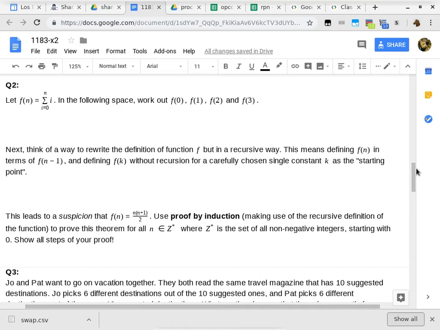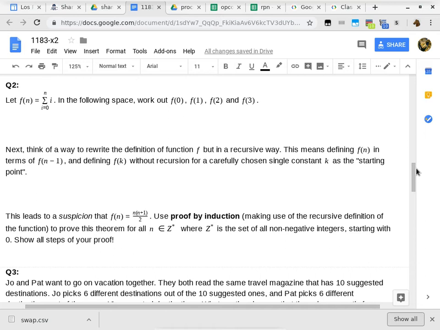So it has several parts, so make sure you answer each part when it has multiple parts. The first one is really just to work out what is f of 0, f of 1, f of 2, and f of 3. Well, that should be pretty easy, right? F of 0 is just 0. F of 1 is 1. F of 2 is 3.